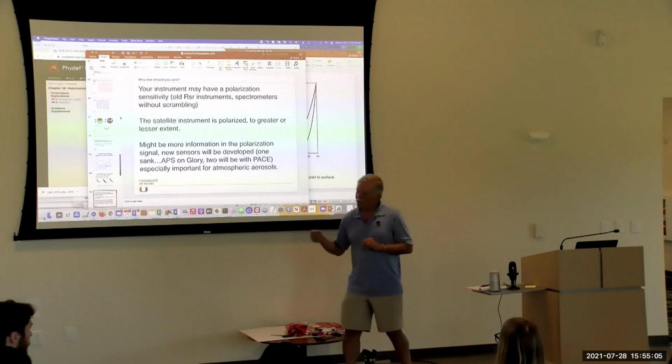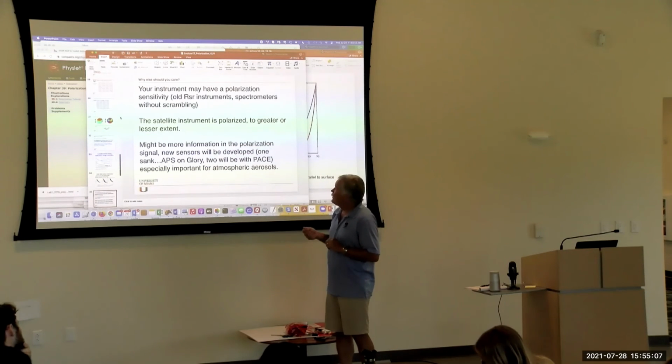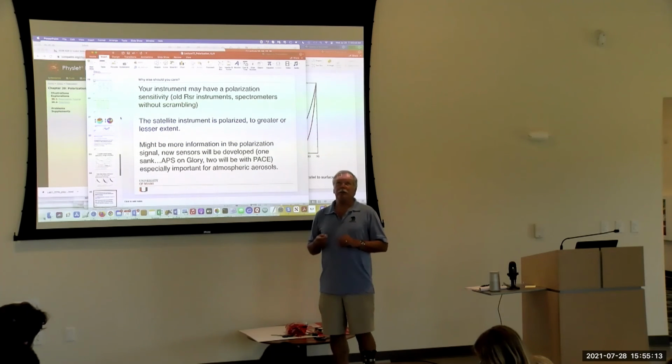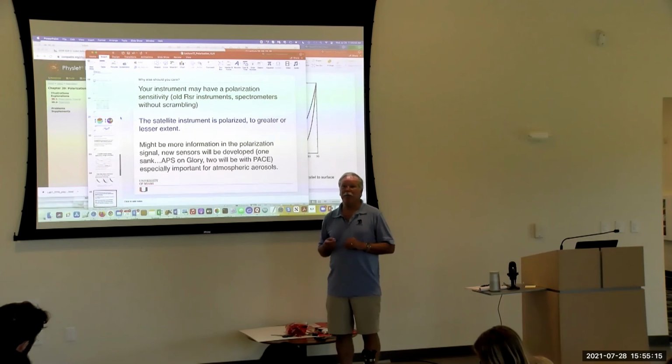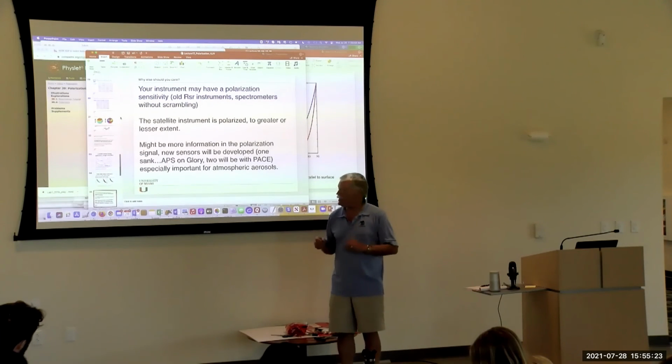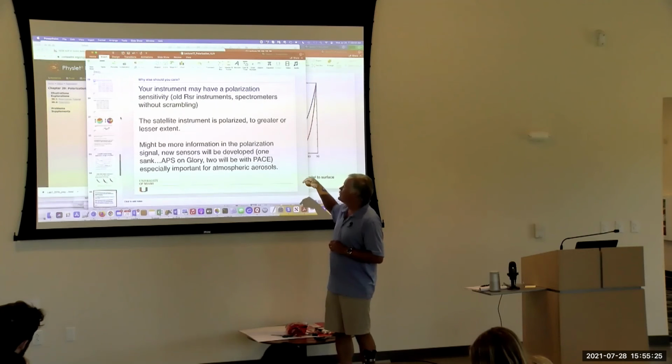The ocean color satellites we're using try to be unpolarized. Well, the normal ocean color ones, say VIIRS and MODIS and such, try to have unpolarized measurements, but there's always a degree of polarization sensitivity. And so that leaks through.